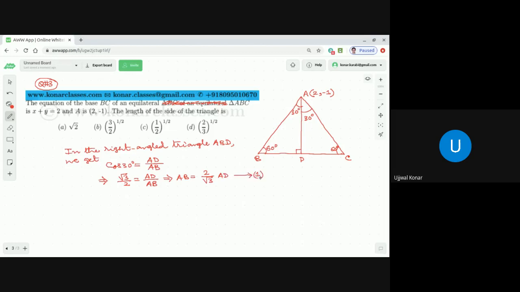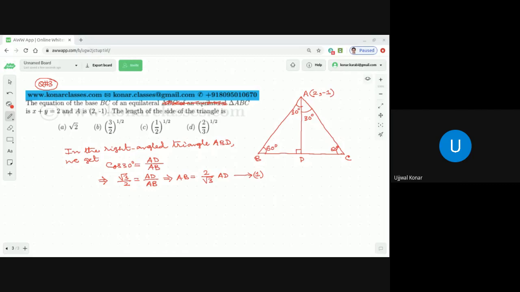All that is required here, dear students, is if we can find the value of AD, then we can apply that value of AD and eventually find the value of AB. Correct, dear students? Now how to find the value of AD?